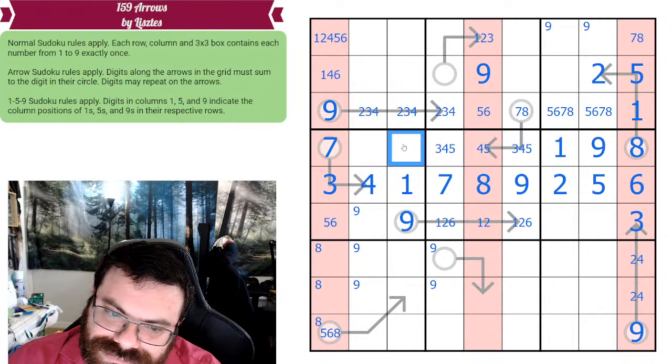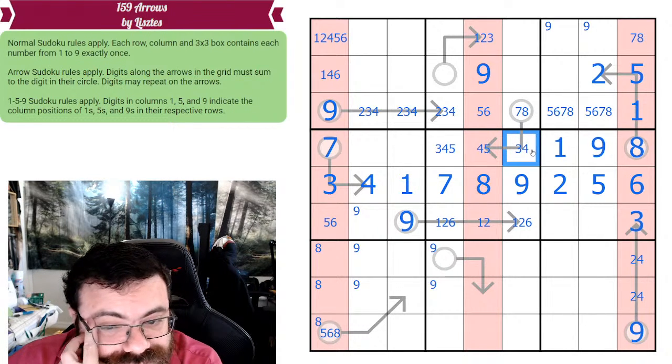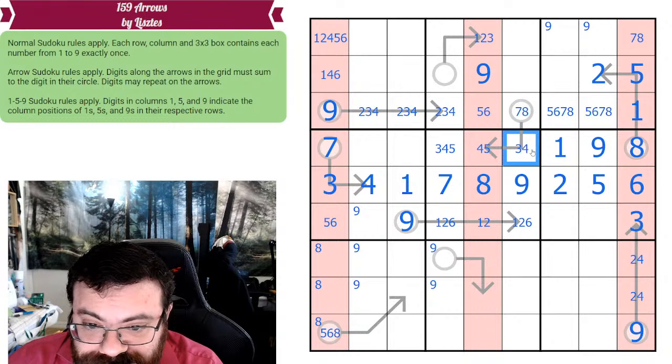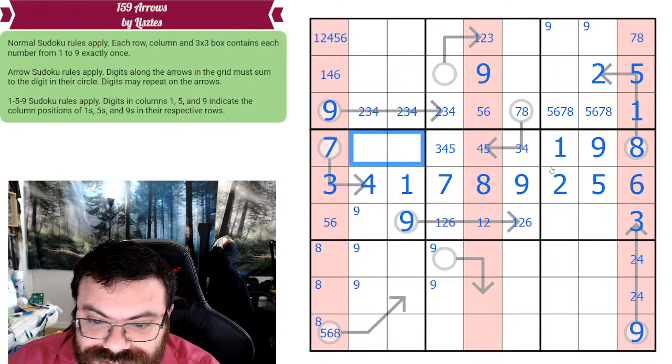Right. 4 puts a 5 there and a 3 there, making 4, 3, adding to 7. 5 could have a 4 here. And I think I did that very strangely, but that works.